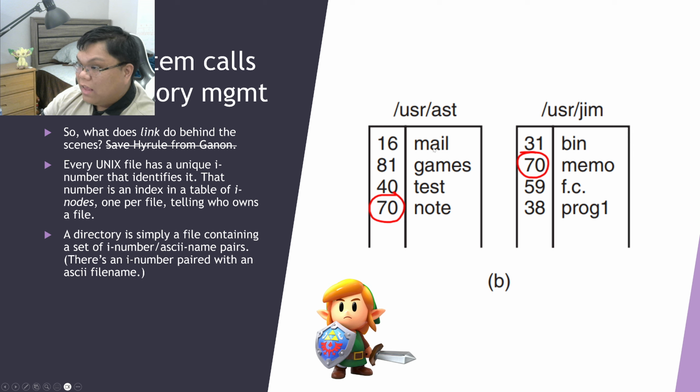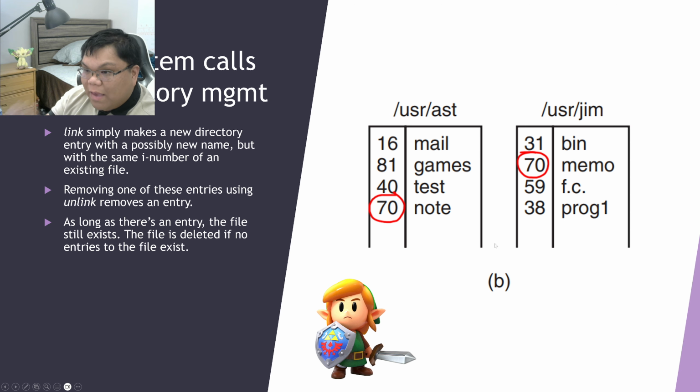So in AST's directory, we have four files. They all have different i-numbers, and i-number 70 is given the name note. Meanwhile, user Jim also has file 70 in their directory, but it's under the name memo. See how this works?